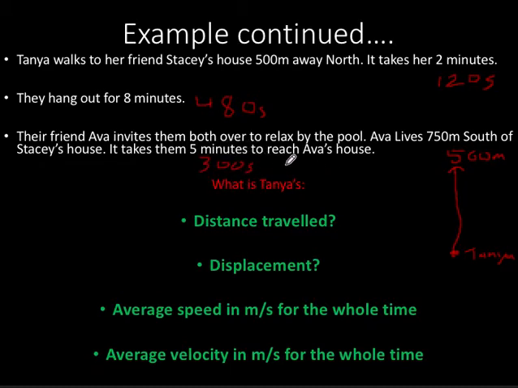So now I've converted all my minutes into seconds, which matches the meters that I'm using for the distances. So it takes Tanya 120 seconds to walk 500 meters to Stacy's house.